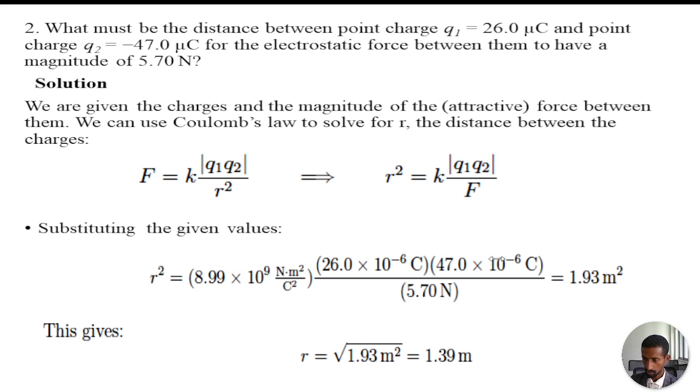The coulomb square cancels, and the Newton also cancels. The remaining is meter square. So when we take the square root, it will be meter. So the separation distance is 1.39 meter.